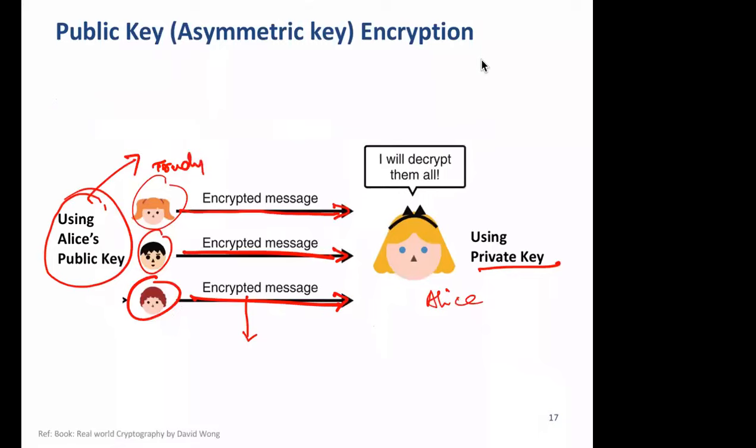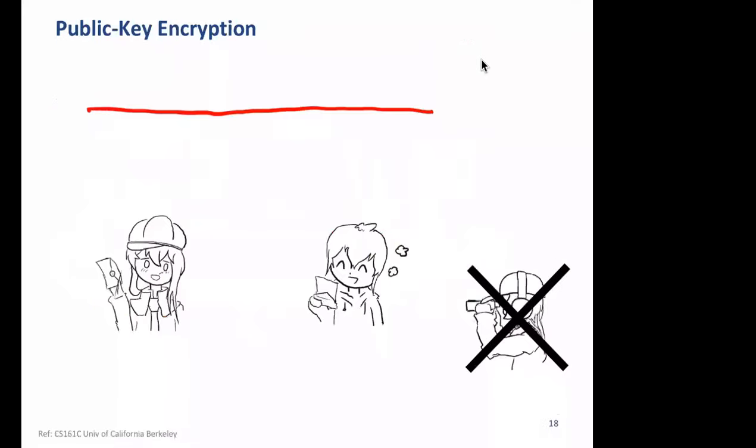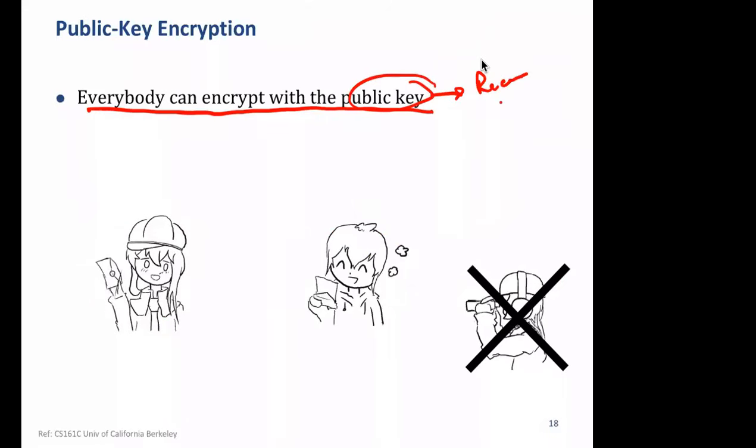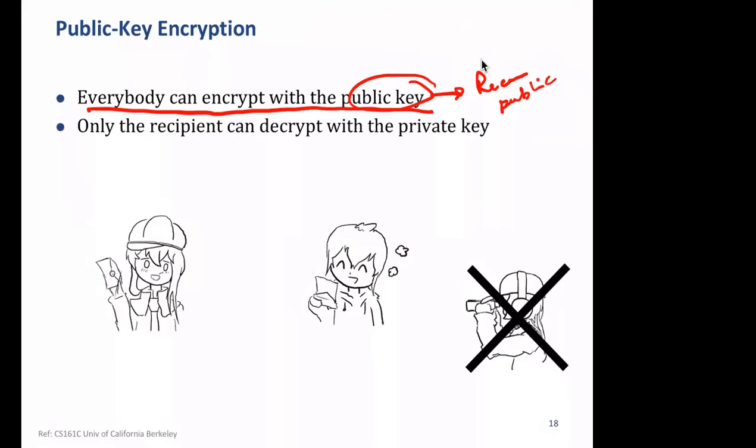If I am sending a message to you, I will have to use your public key, and then you will have to use your private key to read that message. So when we say that everybody can encrypt with the public key, this is the recipient's public key, not their own public key. Only the recipient can decrypt with the private key.